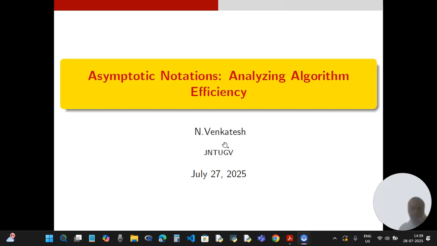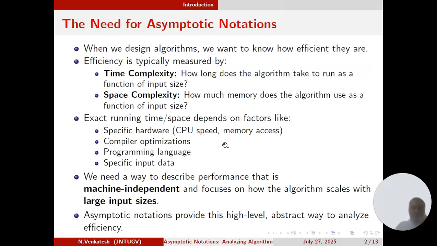Let us quickly recap what we had discussed in the previous classes. We have defined that the efficiency of an algorithm is typically measured by how much time it takes to complete. That's what we call the time complexity of an algorithm. How much space it takes to complete, that's the space complexity.